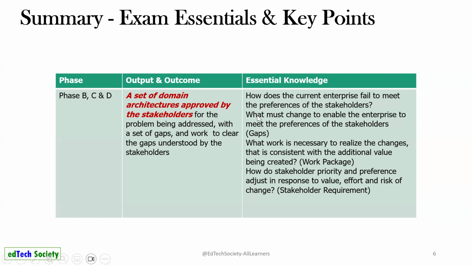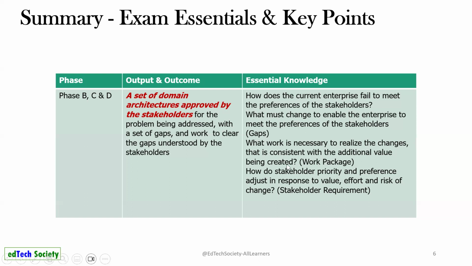And under essential knowledge, it is mentioned: how does the current enterprise fail to meet the preferences of the stakeholders, what must change to enable the enterprise to meet them, basically the gaps, and what work is necessary to realize the changes consistent with the additional value being created, the work packages. How do stakeholder priority and preference adjust in response to value, effort, and risk of changes to stakeholder requirements?